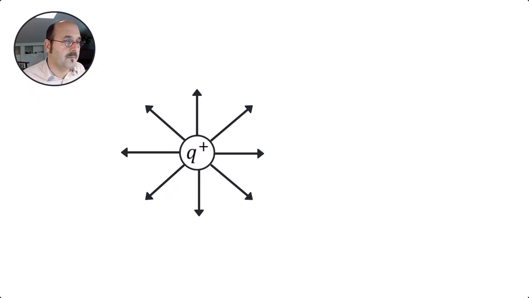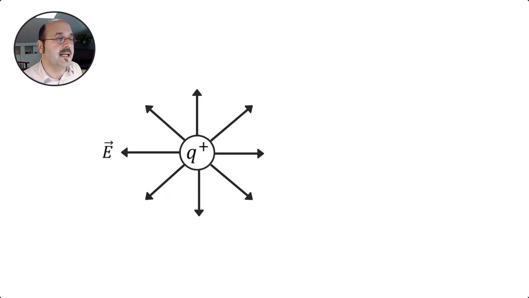A graphical model of this will basically have the same sort of look in all directions. I think you get the basic idea here. Every one of these vector field lines is represented by the letter E.